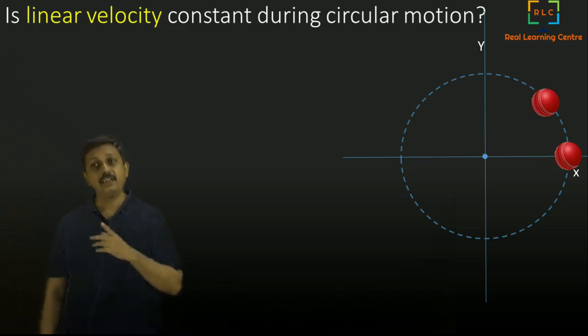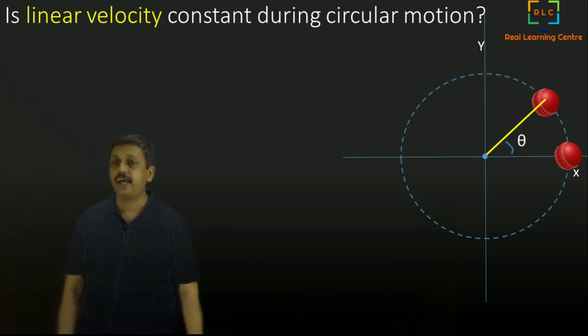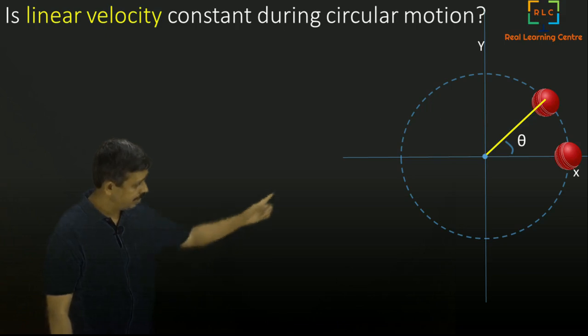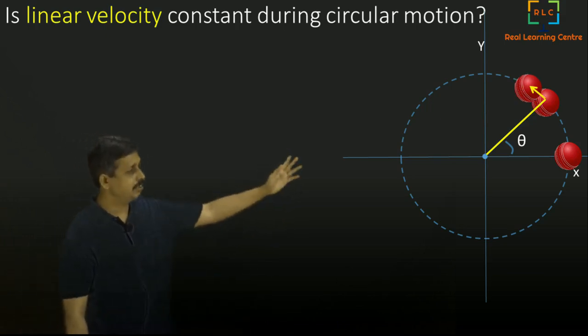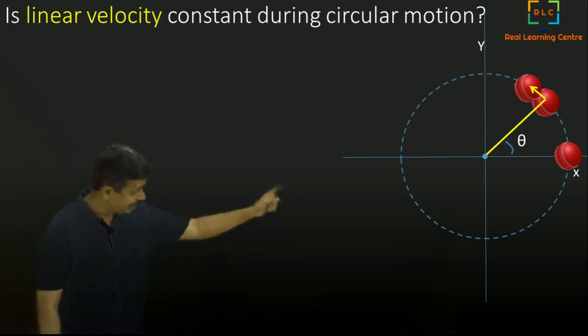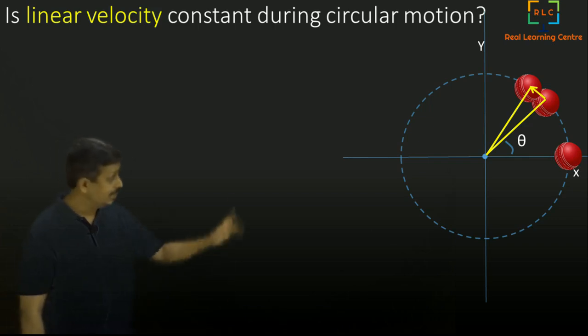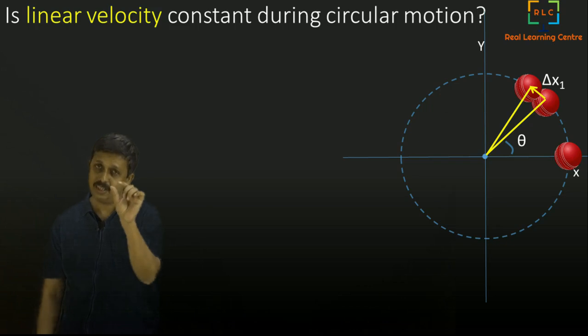And again do the same thing. It has moved to some point here, and I am going to show you that this is my radius vector, and if it has moved a little bit, that is delta x. That delta x, I will call delta x1, the first little bit of movement.